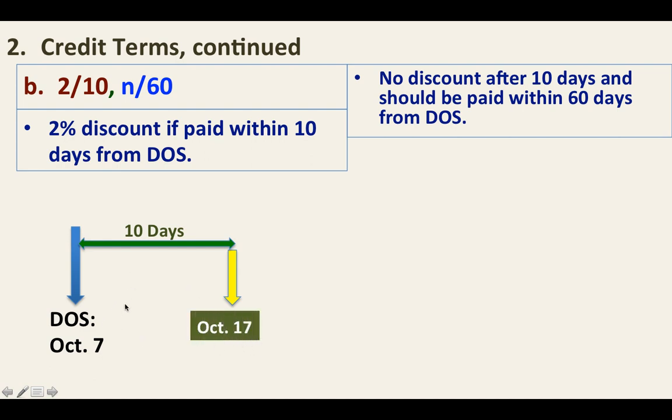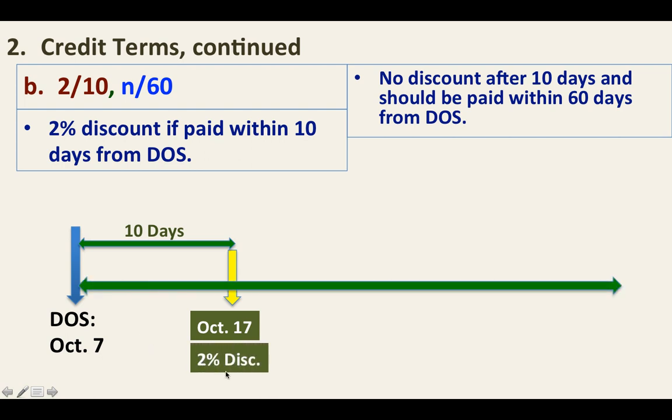Because within 10 days, we will get the 2%. 10 days would mean any day before October 17. How did we calculate October 17? 7 plus 10 will give you 17. Okay, ganun lang kasimple yung discount period. So, ibig sabihin, on or before October 17, we will be given 2% discount.